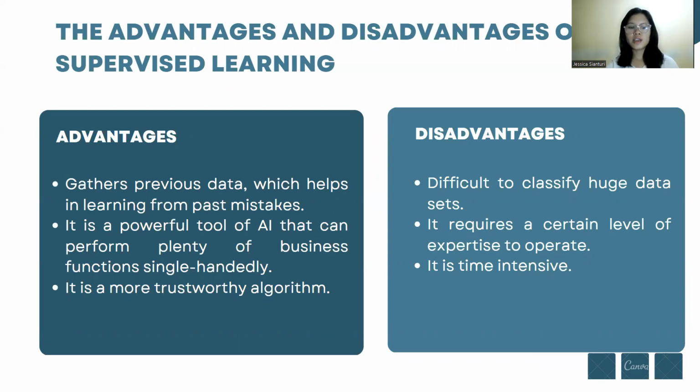The third is it is a more trustworthy algorithm. How about disadvantages? Number one, it is difficult to classify hard data sets. Next, it requires a certain level of expertise to operate. Number three, it is time intensive.